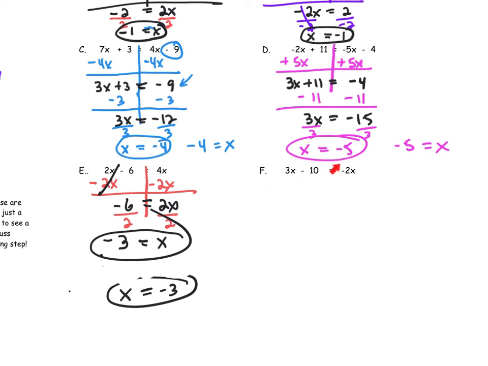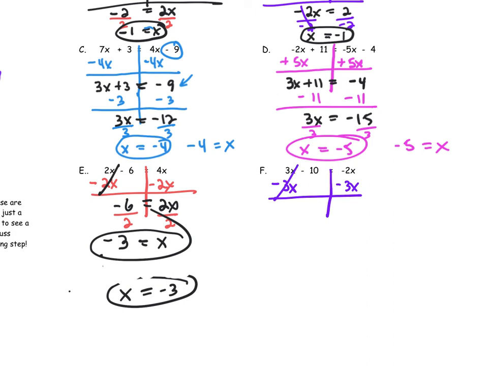If I look at this, this is my weakest term. This is the one I'd like to eliminate. But if I do that, it's going to cost an extra solving step. So instead, I'm going to go ahead and eliminate the term on the left-hand side. That's going to save me a solving step.